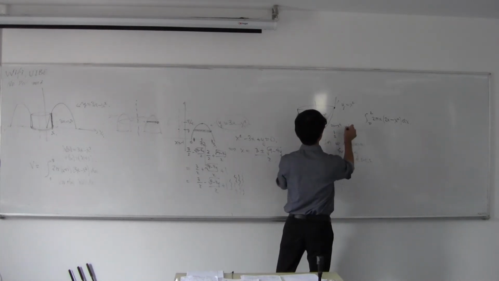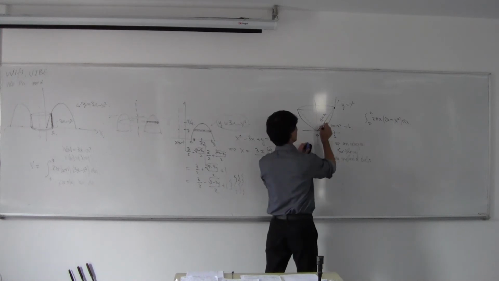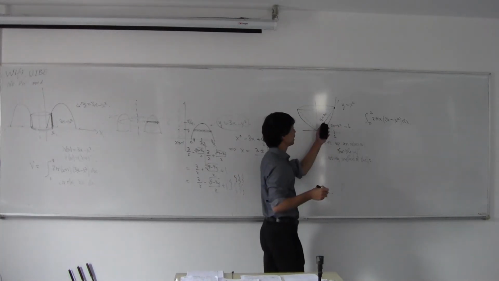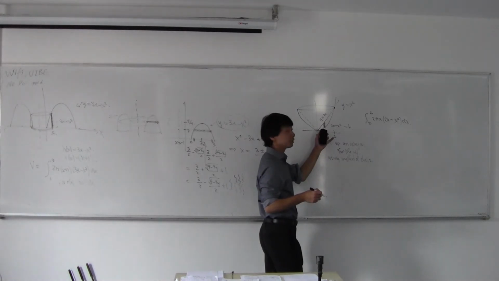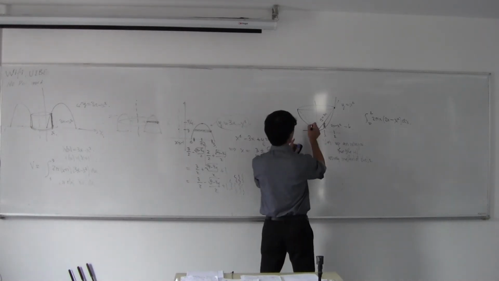Because if this is x, as x ranges from 0 to 2, the height of this rectangle is going to be 2x minus x squared. You see that? And then you take that and rotate it around.